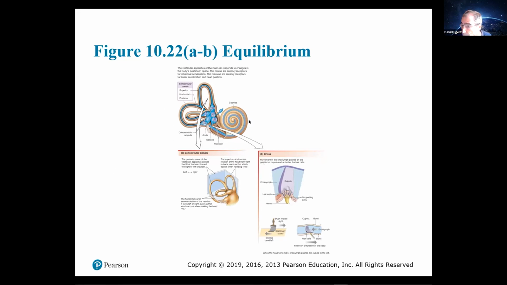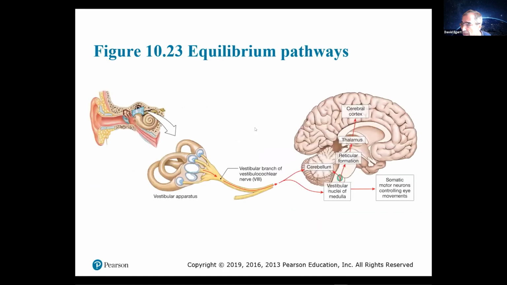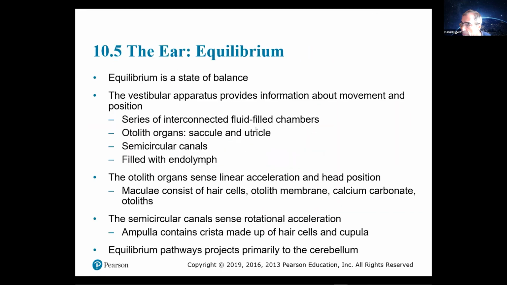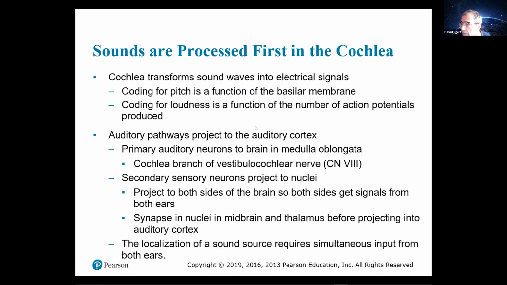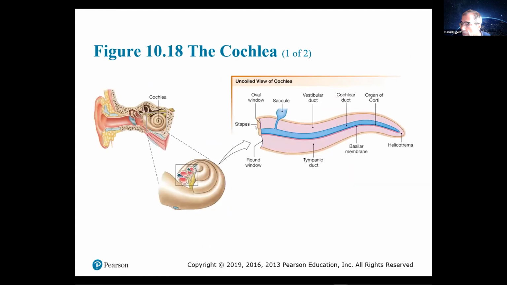Okay, so this is showing the snail, and you can see the snail has different canals in it. If you unwind the snail, as this picture shows, it's way easier to understand the cochlea instead of thinking about all these spirals.